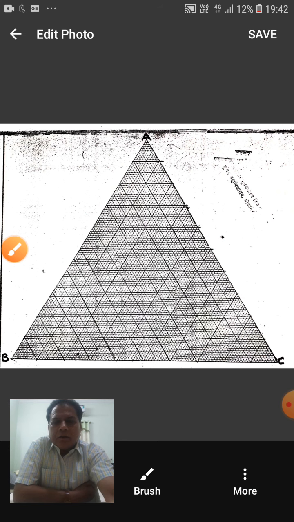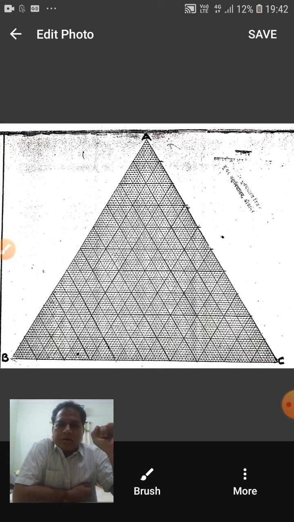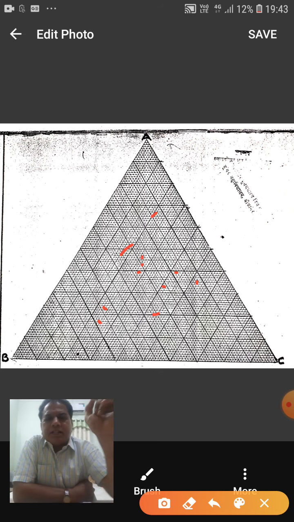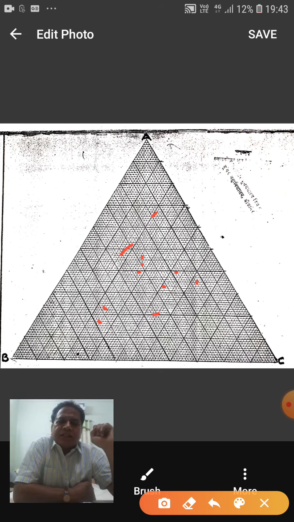So the lines represent bicomponent magma, but any point inside the triangle will represent the various possible compositions of the three components. Now how to plot?